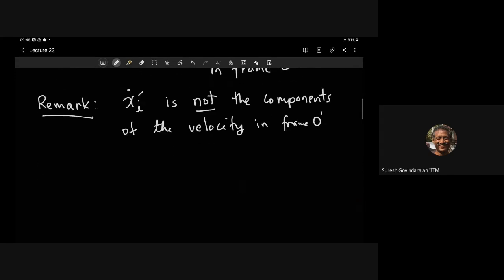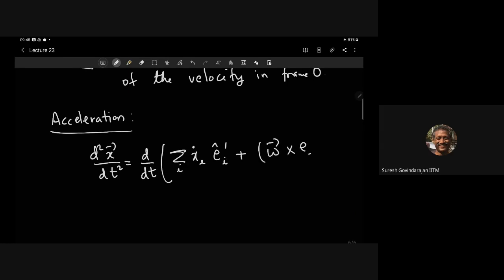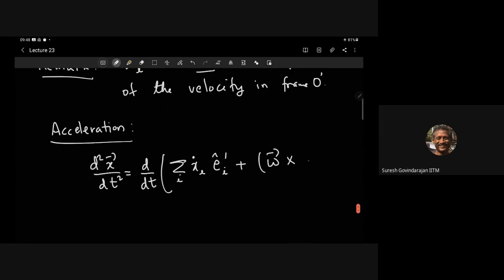So now we can take the second derivative. So acceleration. Let's call this U. Okay, so I just substitute everything.